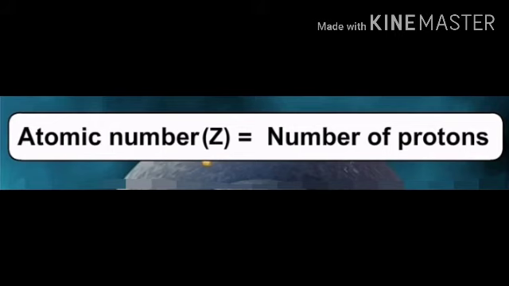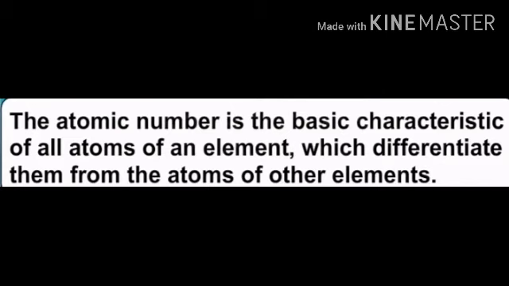So what is atomic number? Atomic number is the total number of protons in an atom. The number of protons in an atom is called its atomic number, and it is denoted by the symbol Z. Atomic number is the basic characteristic of all atoms of an element, and it differentiates it from atoms of other elements.